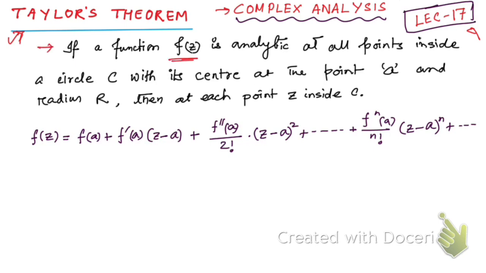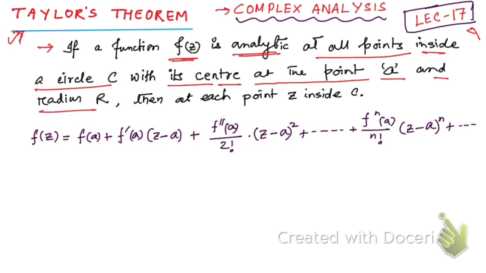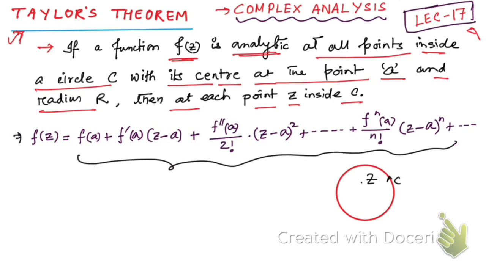If a function f of z is analytic at all the points inside a circle C with its center at the point a and radius r, then at each point z inside C. Suppose this is a circle enclosing a point z, inside C, and at this point z, this function f of z can be expressed in this form of series, and this is called Taylor's series. So let us prove this.